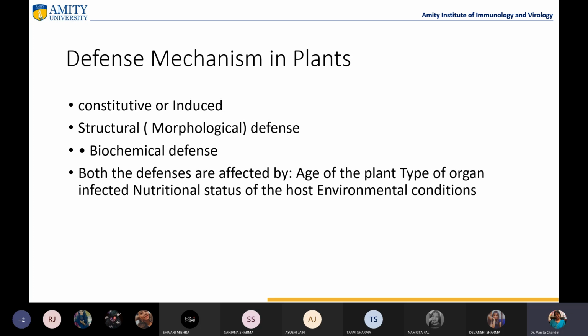How is it going to react, how is it going to produce chemicals, what are the different structural chemicals, what are the constitutive or induced responses by the host when a pathogen attacks? It is all part of the defense mechanism system in plants, right?